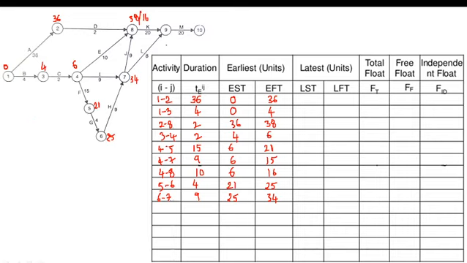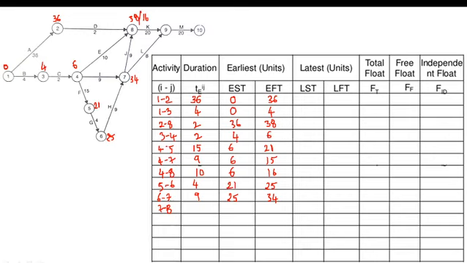After considering 6 to 7, let us consider now activity 7 to 8. Here we have computed these values.